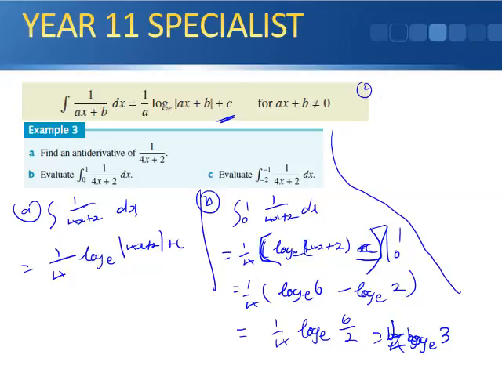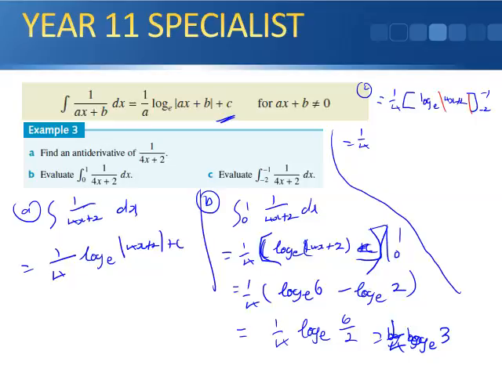See if I can squash this one in here, part C. So I already know that the antiderivative is a quarter log e of mod 4x plus 2 between -2 and -1. This is mod in there, which means I want positive all the time.